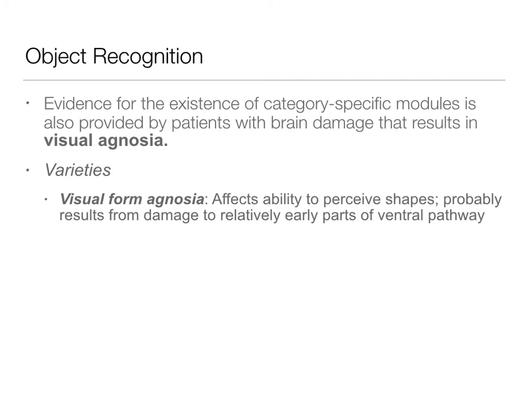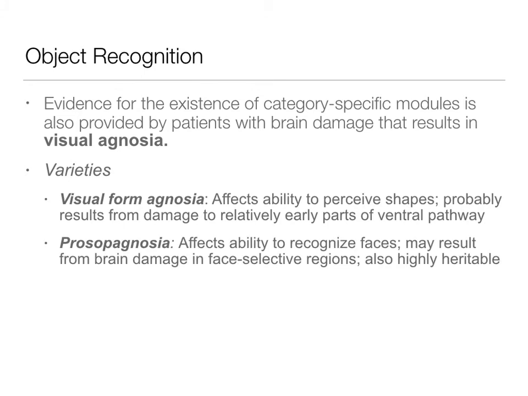And this is usually from damage to relatively early parts of the ventral pathway. So all of these are along the ventral pathway, but this is going to be earlier on in the ventral pathway. This is not damage to the parahippocampal place area. This is not damage to the fusiform face area. This is earlier on in that ventral pathway, that what pathway.